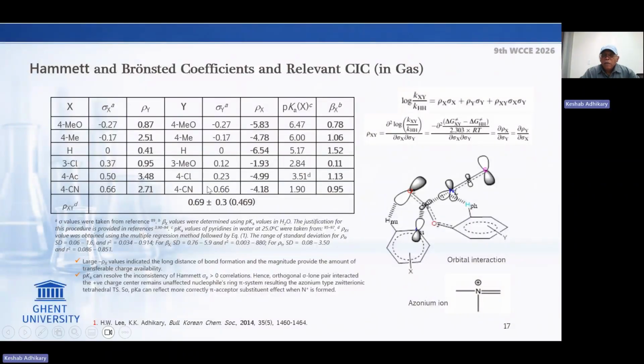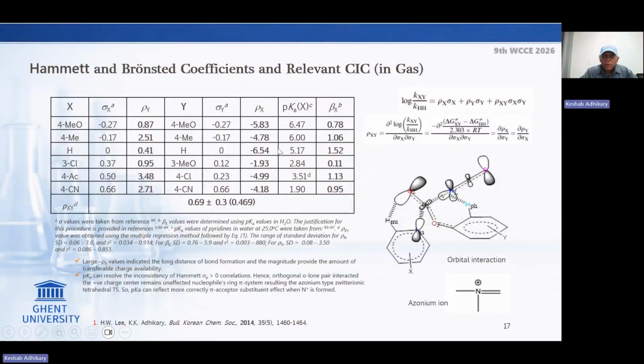Here we calculated the reaction constant rho X based on the Y substituent variation, and rho Y based on the X substituent variation in the nucleophile. And we also calculate the beta X value with the variation of the nucleophilic pK value.